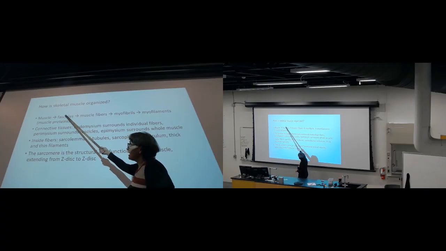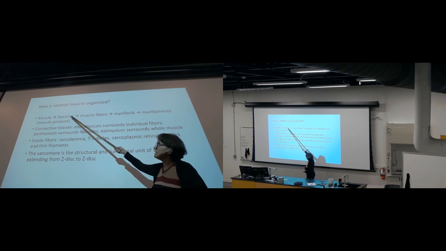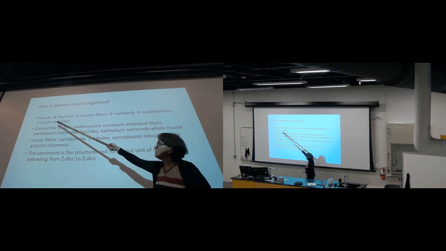You already saw part of the membranes that cover the muscles. And we said that the muscle is made by 10 to 100 cells together forming fascicles, and several fascicles form a muscle.